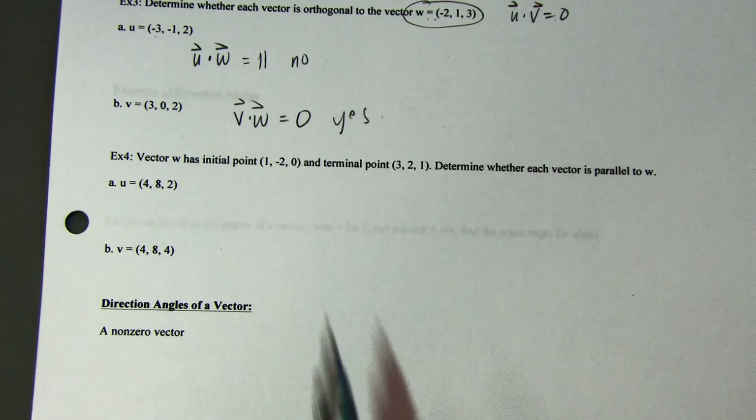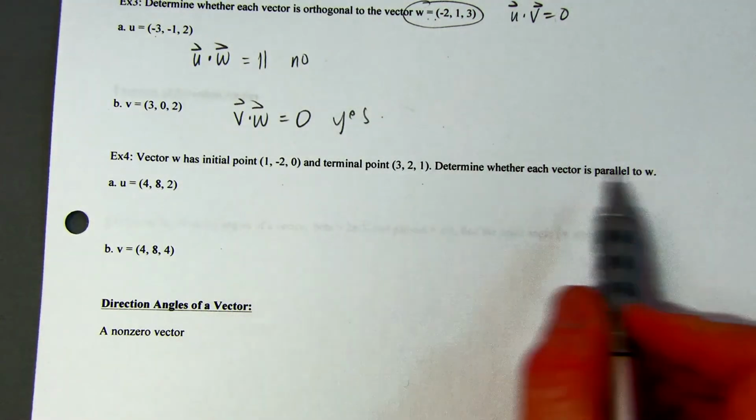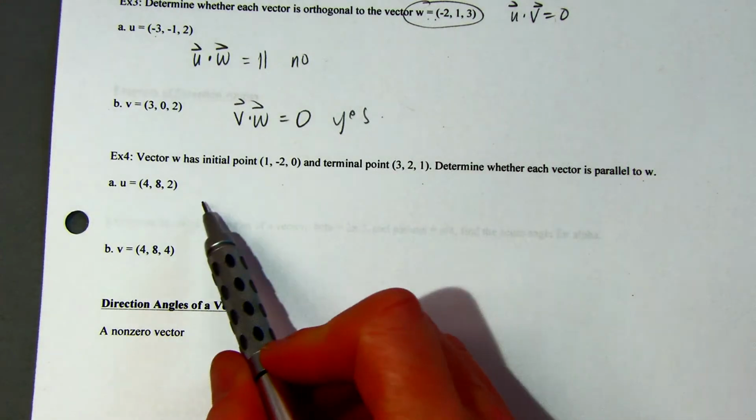Given an initial point and a terminal point, find vector w and then determine if these vectors u or v are parallel.